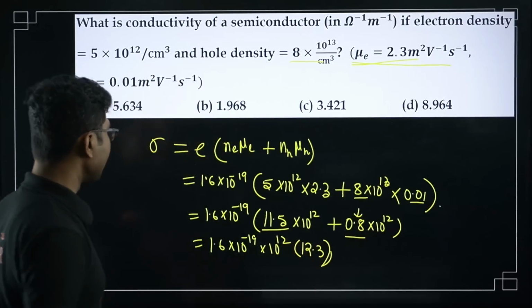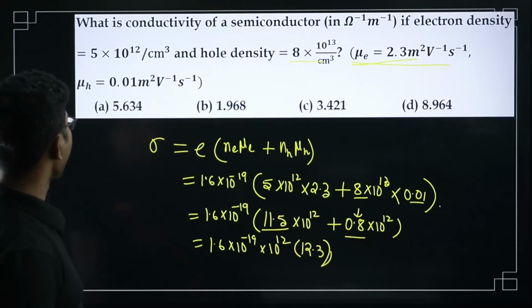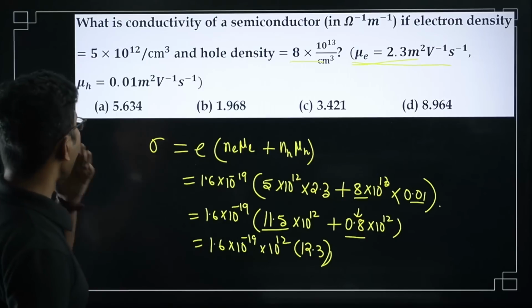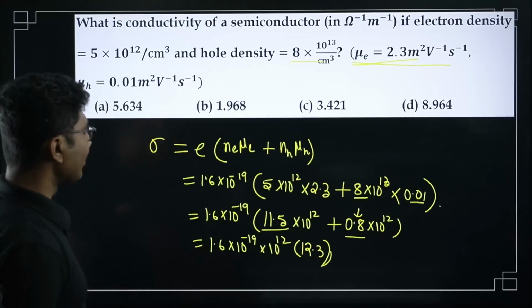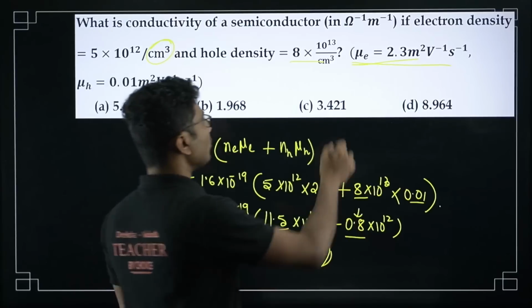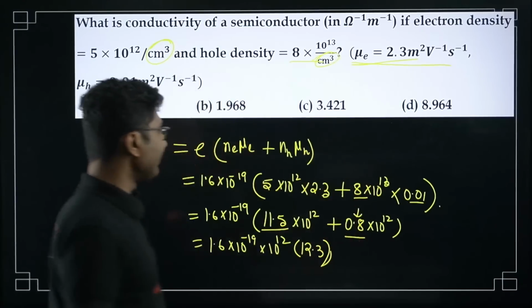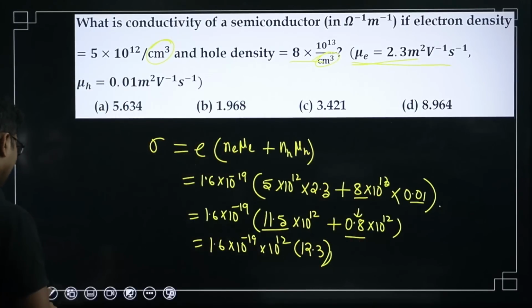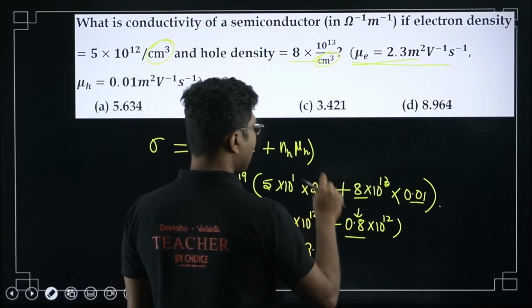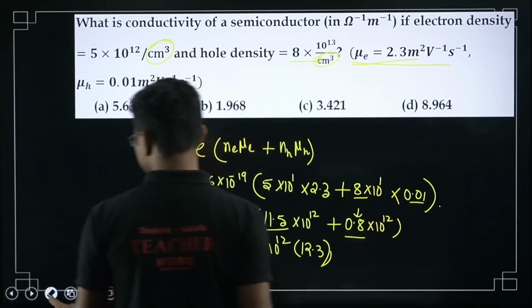So from here we get this as... one more thing, I made one mistake here. It is given in centimeter cube. Everything was given in centimeter cube division. That means in meter cube it will be, per meter cube it will be both will be plus 6.